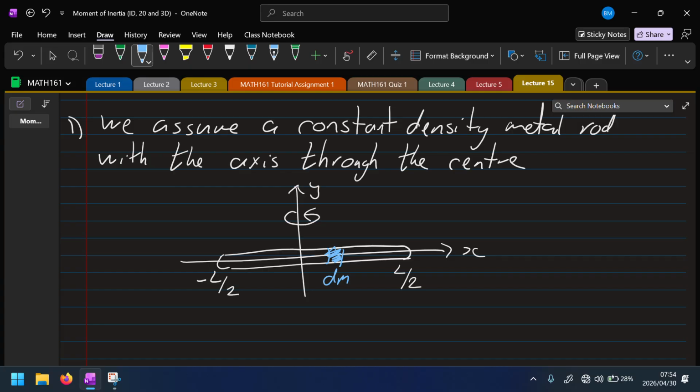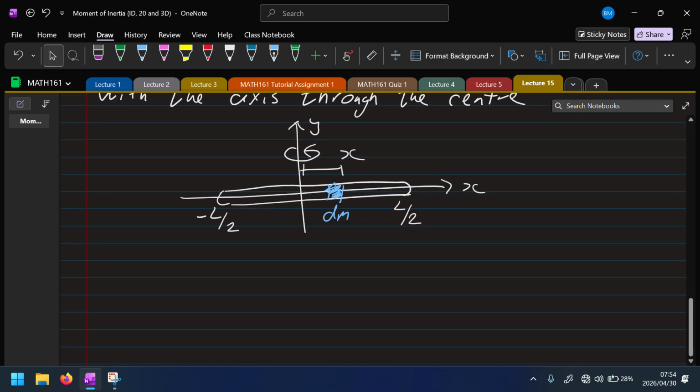From the axis to our little mass piece, what will the radius be? From here to here, what's that length? X, yeah, the radius will be x. For any mass piece that we pick along the rod, the radius is just x. So we have everything we need now.